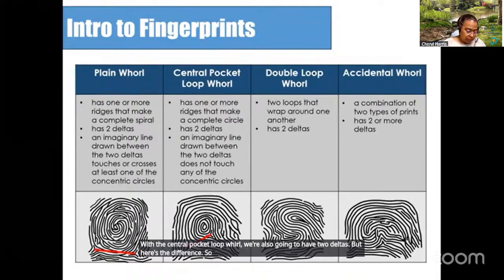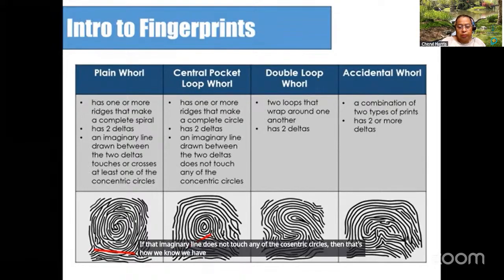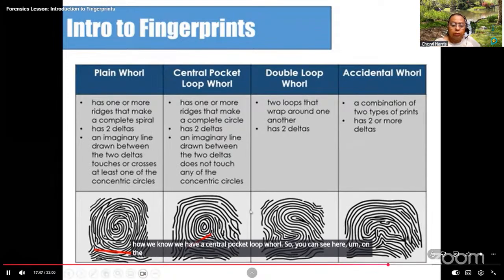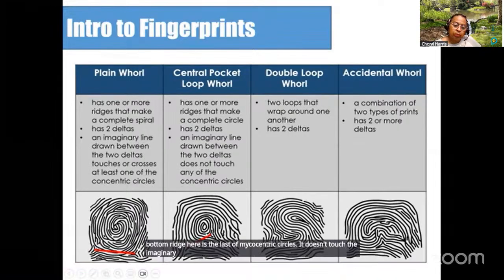If I find the 2 deltas on my central pocket loop whorl and draw an imaginary line between them, and that imaginary line does not touch any of the concentric circles, then that's how we know we have a central pocket loop whorl. You can see here that this bottom ridge is the last of my concentric circles. It doesn't touch the imaginary line, it doesn't cross it. So that's how I know I have a central pocket loop.